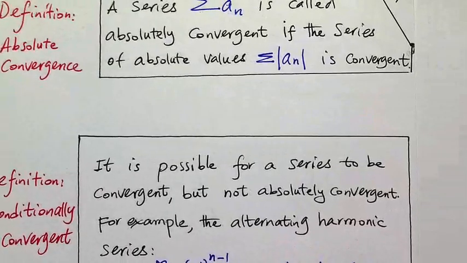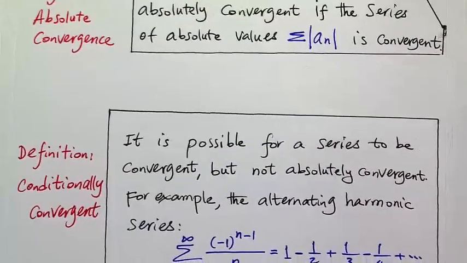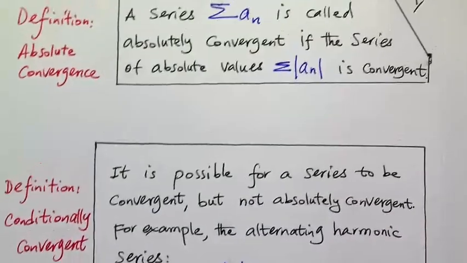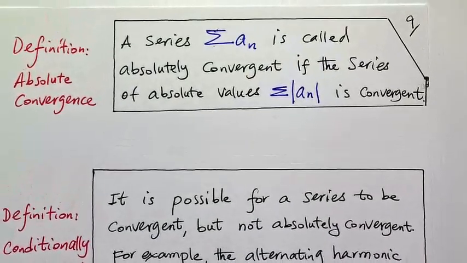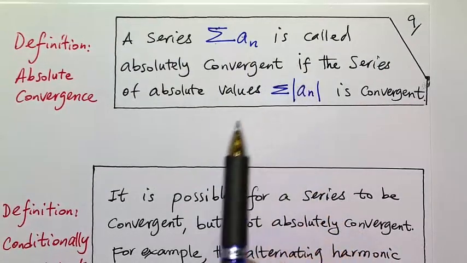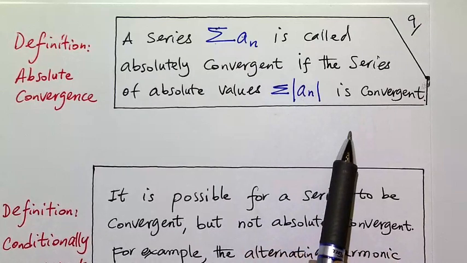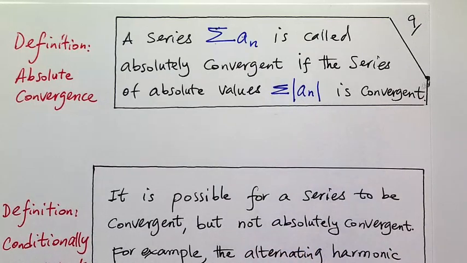Okay, so next we will look at absolute convergence and conditionally convergent series. So absolute convergence is when we have a series such that the absolute value of the terms is convergent. In other words, you can have an alternating series, but if you take the absolute value of the terms, and if it's convergent, then the series is absolutely convergent.